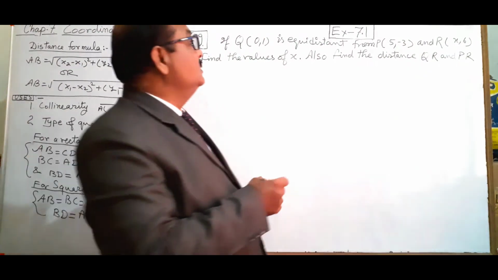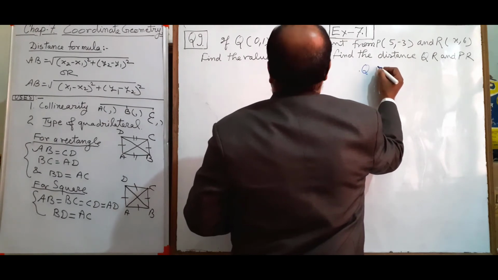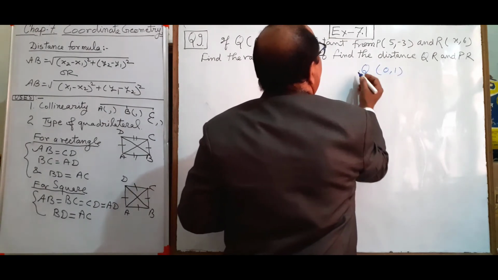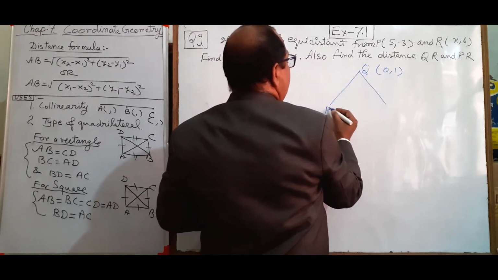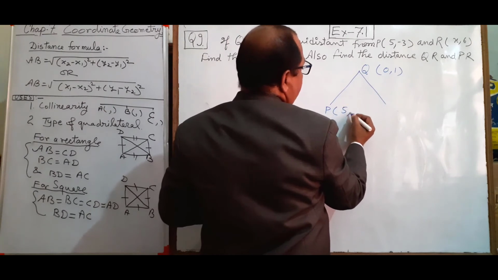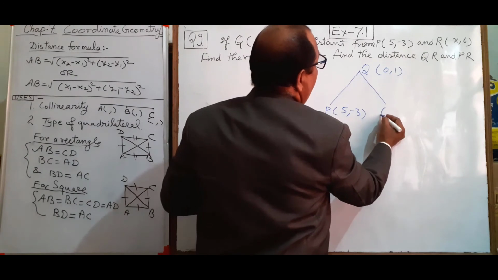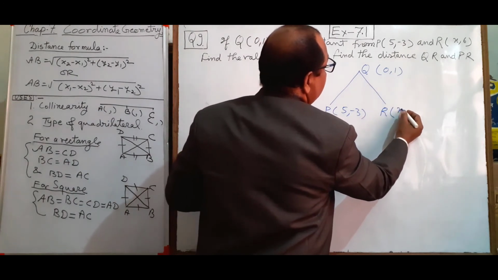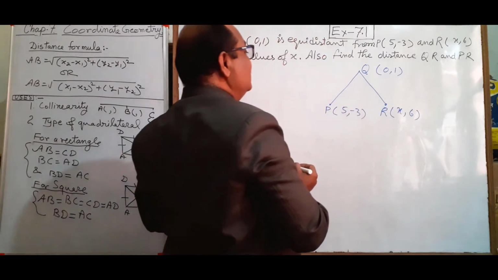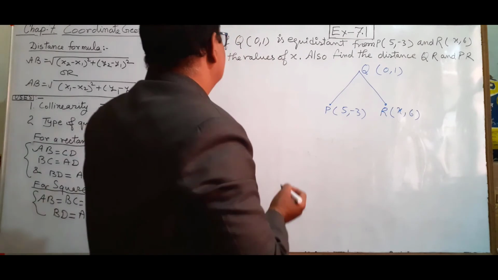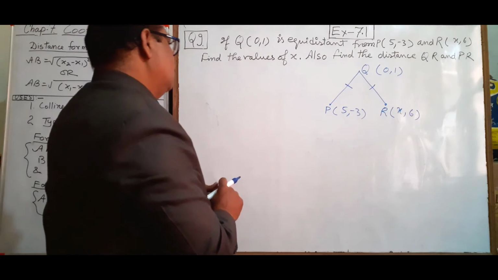So now we can locate point Q whose coordinates are 0, 1, and 2 points are there, P and R. One point is P whose coordinates are 5, minus 3 and R is another point whose coordinates are x, 6. So in this question it is also given these two distances are equal.